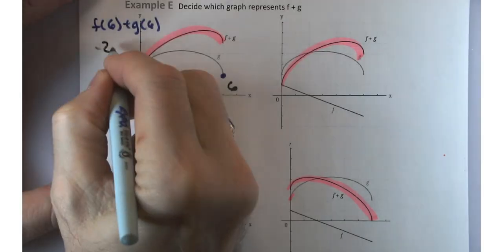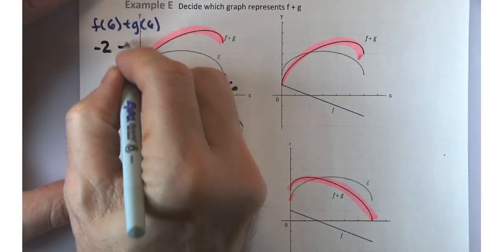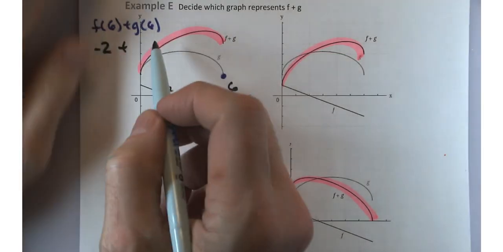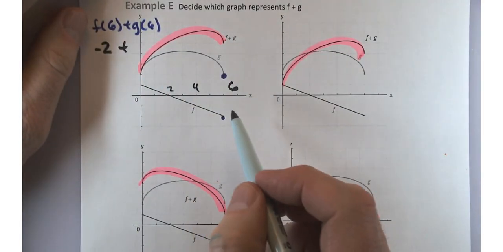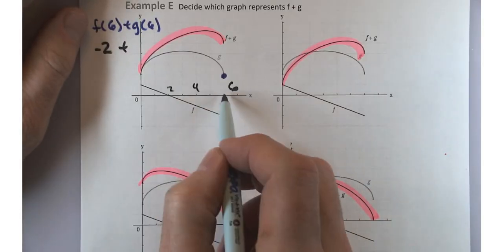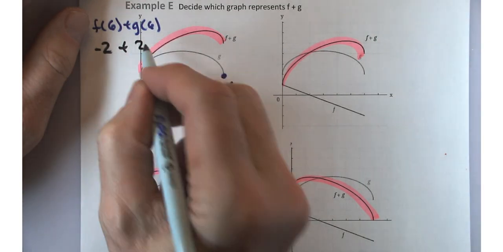So negative 2. How about g of x? Elise, what's g of 6 going to equal? Yeah, positive 2. So you go out to x equals 6, you go up here, positive 2.